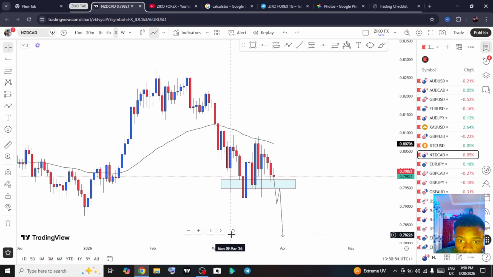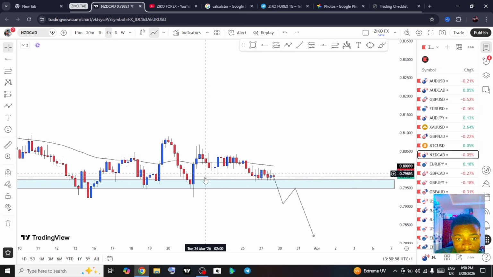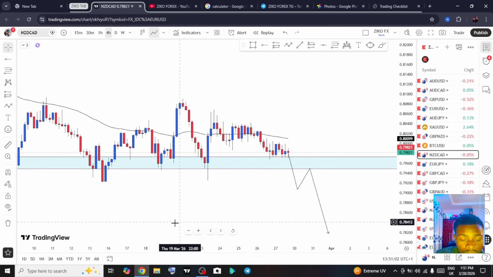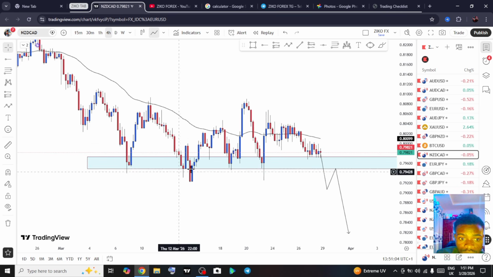Daily time frame is technically bullish. So 4 hour time frame is actually bearish. So we don't even have two time frames in sync. So that's the reason I'm not adding this trade for this week. But I believe this trade could actually have a clean break and retest to sell. But it's not really following my plan. So that is the actual reason I'll not be taking NZD CAD for next week.